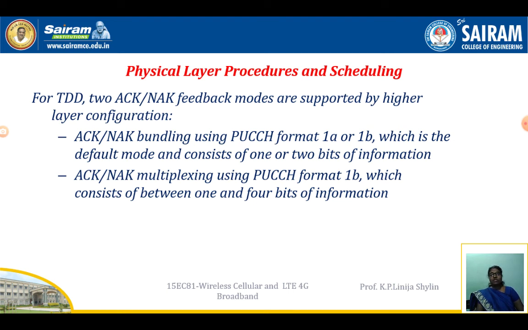If we use bundling, it uses the uplink control channel, which has the formats 1A, 1B, 2A, 2B. For bundling we use 1A or 1B, and here 1 or 2 bits of information will be there in this format. If you come to multiplexing, we will use format 1B, and this format consists of 1 to 4 bits of information.